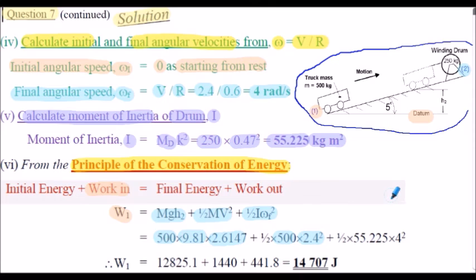And finally, we have the angular kinetic energy of the drum. So that's a half multiplied by the I, 55.225 kilogram meter squared, multiplied by the final angular speed of the drum, which was 4 radians per second, that's squared. So evaluating the work done is 14,707 joules, or 14.7 kilojoules.